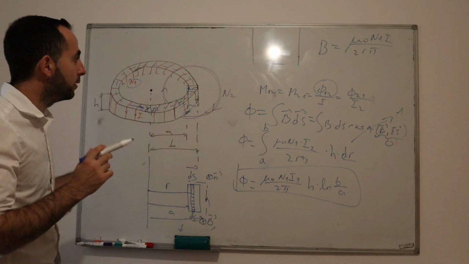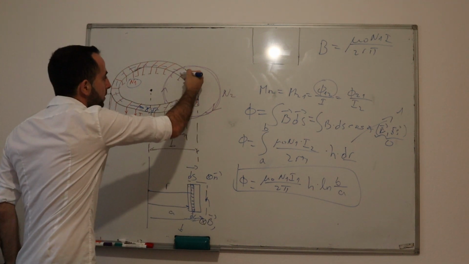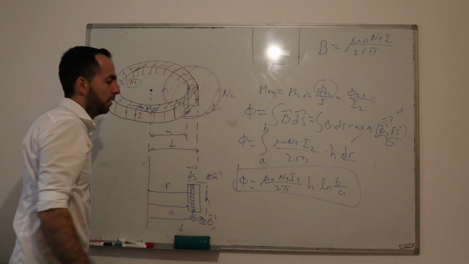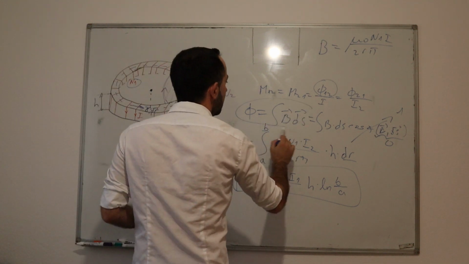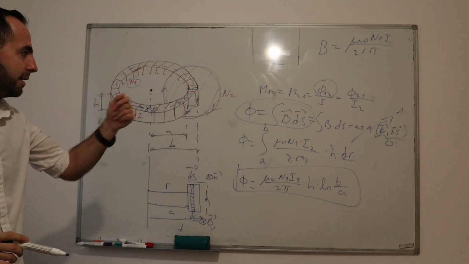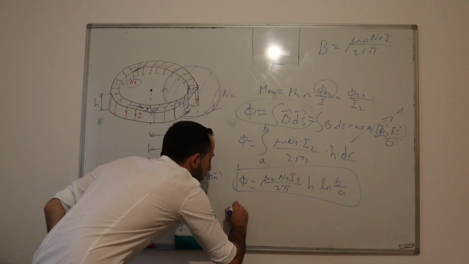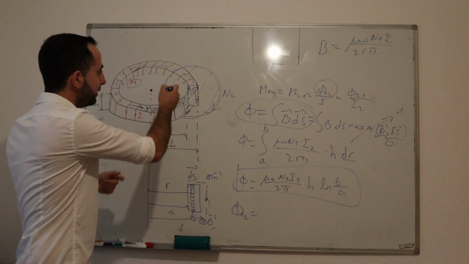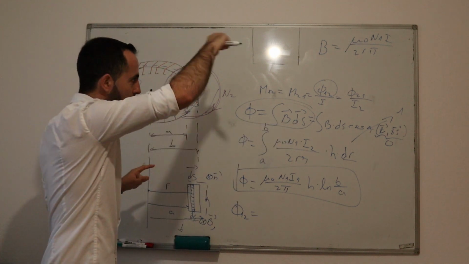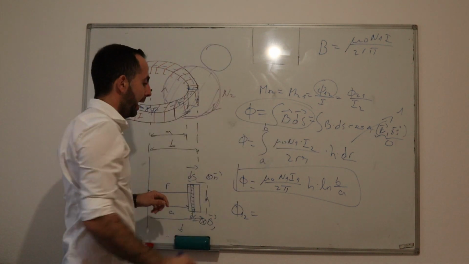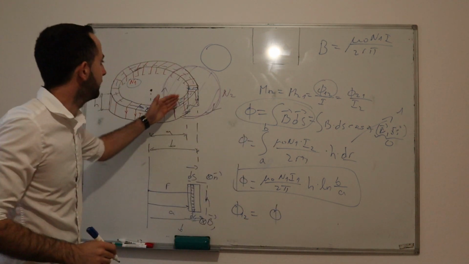In order to find the inductivity between these two, we need to find the flux of this coil. But what is the flux of this coil? The flux is the same, B times dS. But now, what is the case? If we had only one circle, that would be one surface of our loop, and then in that case, the flux would be equal to this flux.